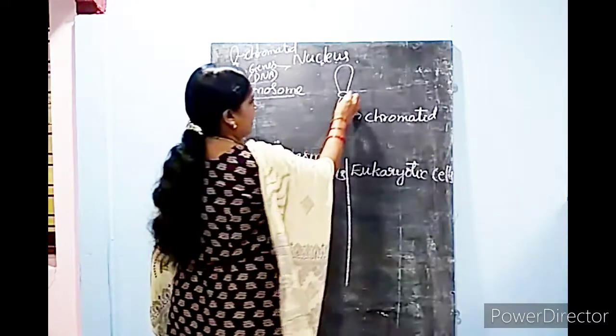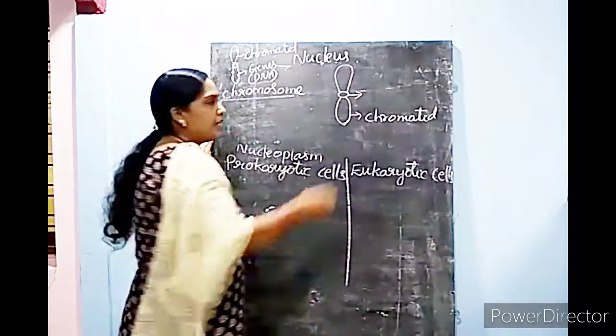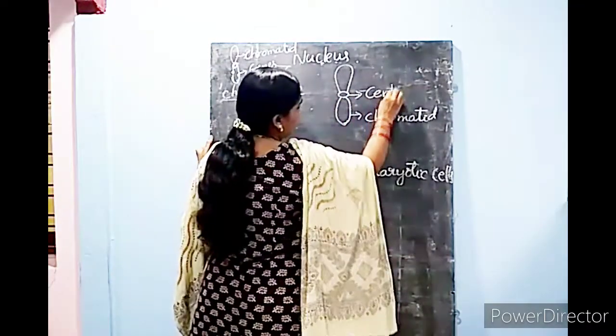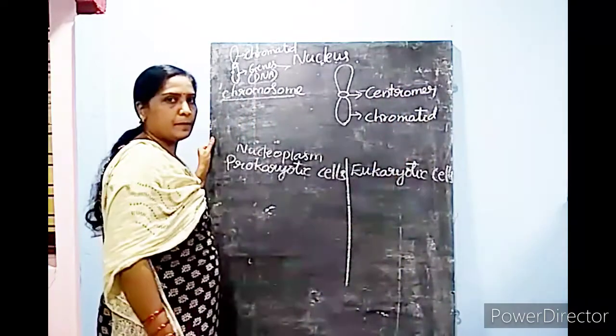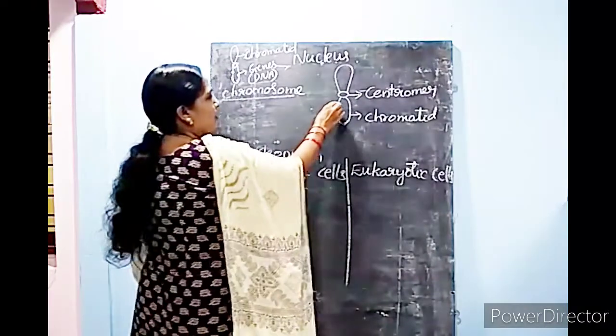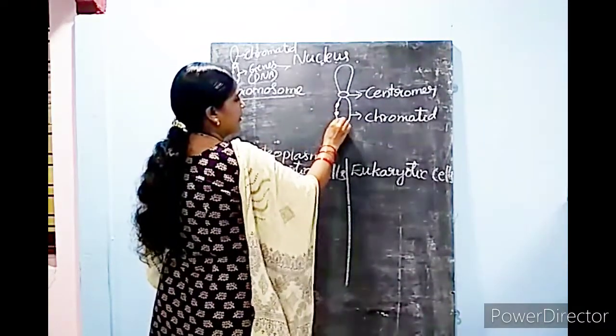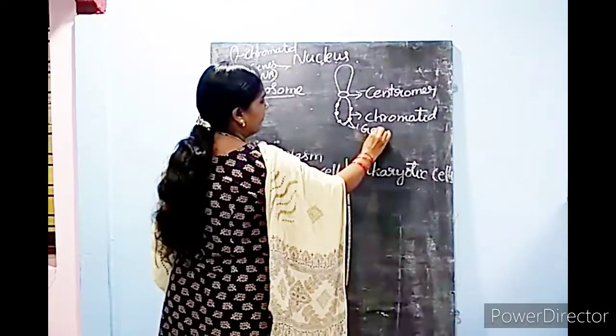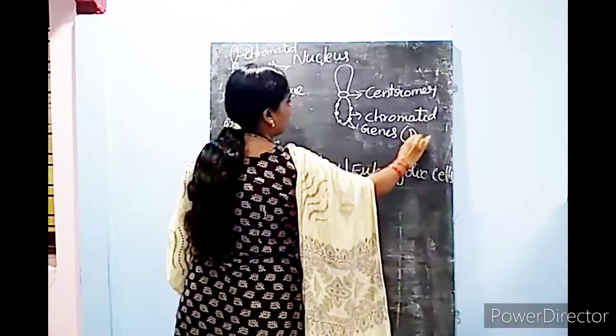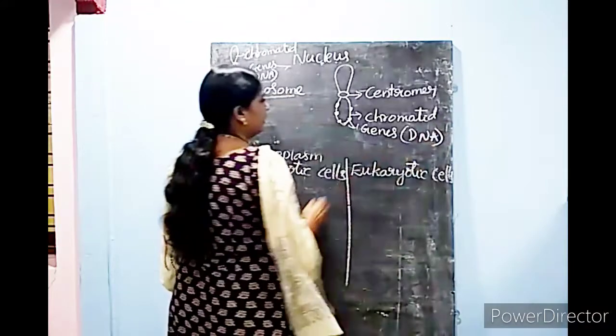Two chromatids. Both are attached by a centromere. And these chromosomes consist of functional segments known as genes. The genes are made up of DNA.